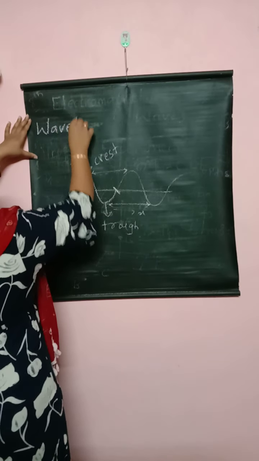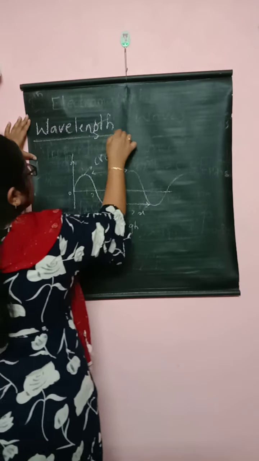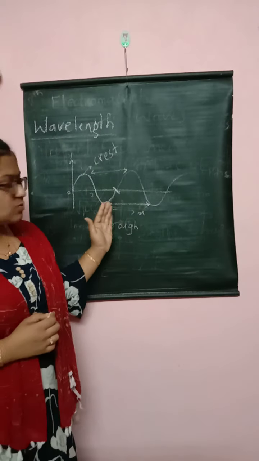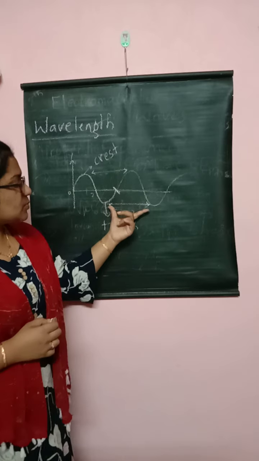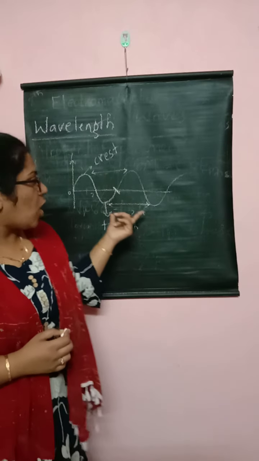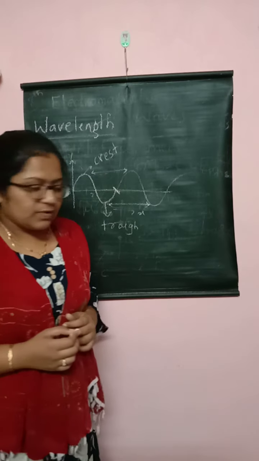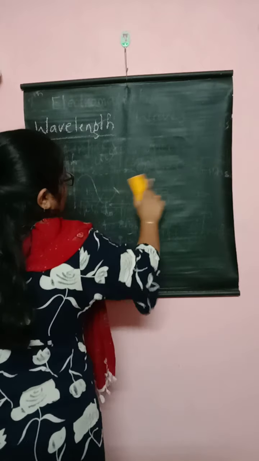Consecutive means what? Near, side by side. The distance between two consecutive troughs or the distance between two consecutive crests is called as what? Wavelength. Okay. So this is one property of the wave.